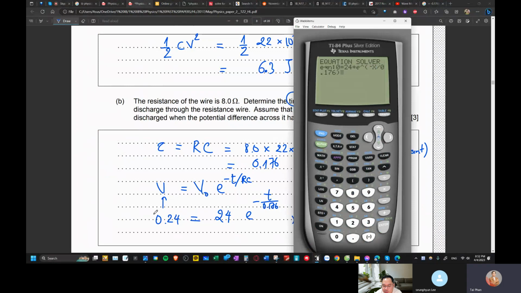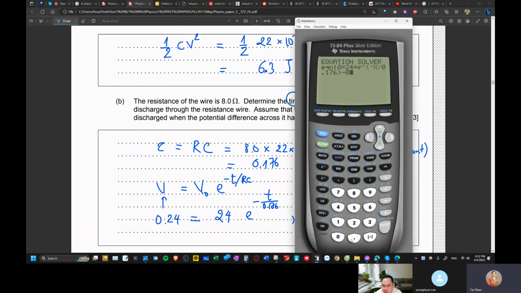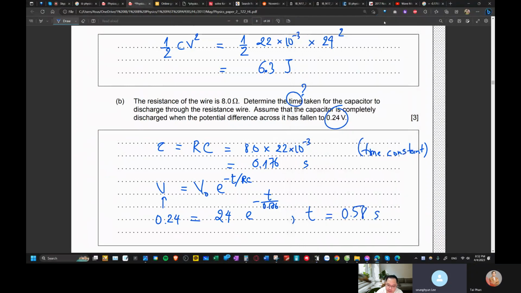And then I need to subtract the left side, 0.24. And then I have to guess a solution, and then alpha and solve. Yeah, 0.81. See? Oh, I got 0.81. I just plugged it in the wrong place. Okay, 0.81.